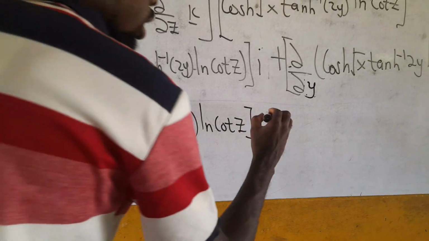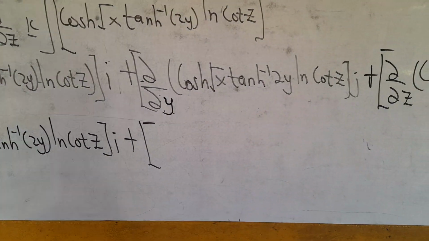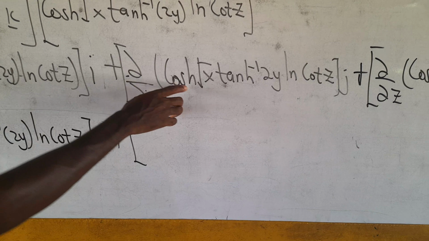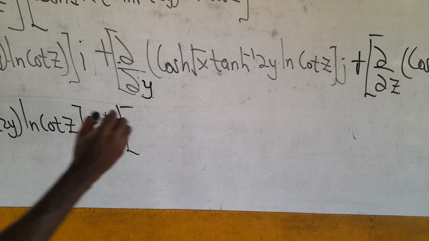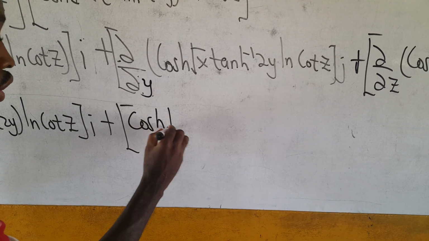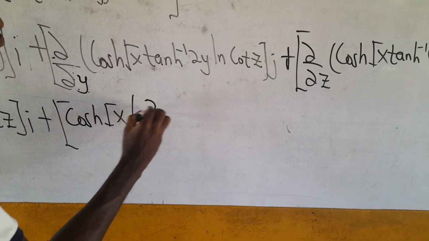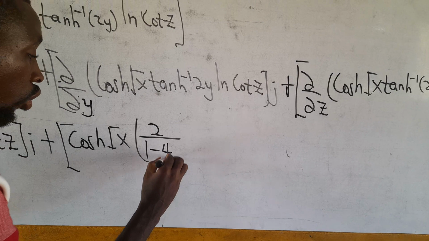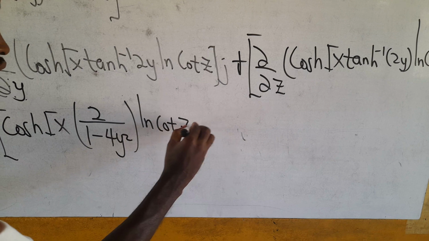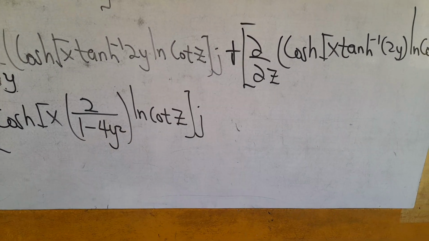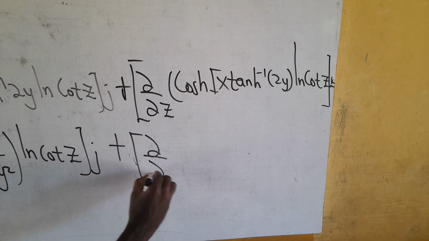i direction. Then plus, here we find the partial differentiation of this function with respect to y. That means the cosh root x and the ln cot z will be held constant. Our attention will be on this one. So we have cosh root x. Now we differentiate this function, we get 2 all over 1 minus 4y squared, then ln cot z, and that is in the j direction. Then plus ∂/∂z.